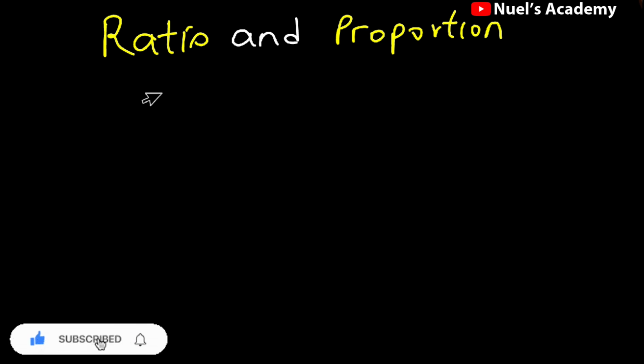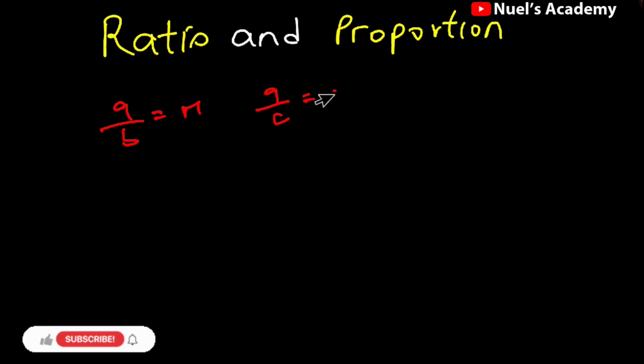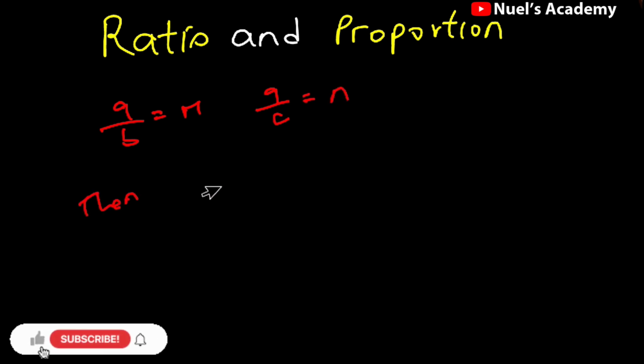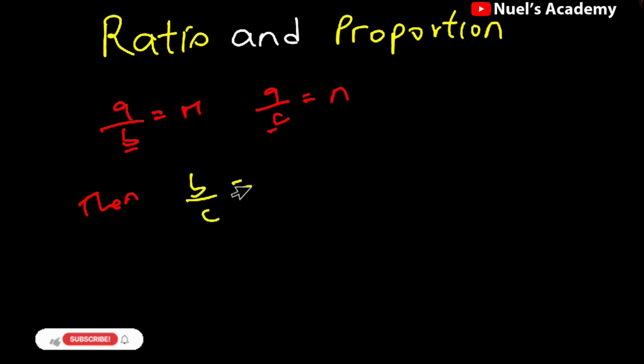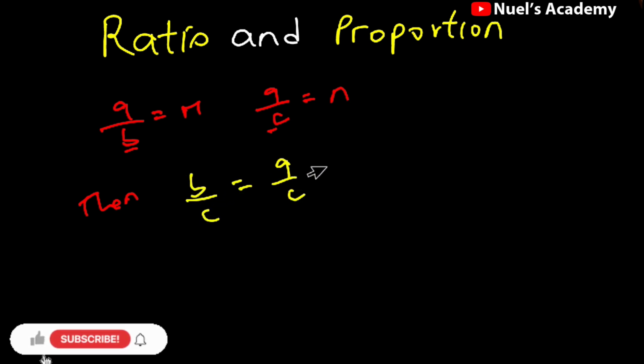So another point I would like to make is that if A over B is equal to M and A over C is equal to N, then already A over B has been given as M and A over C has been given as N. So to obtain the ratio B over C, we write it as B over C is equal to A over C multiplied by B over A. So as you can see, if this A and A cancel each other, we'll be left with B over C. So how do we finally obtain the value of B over C?